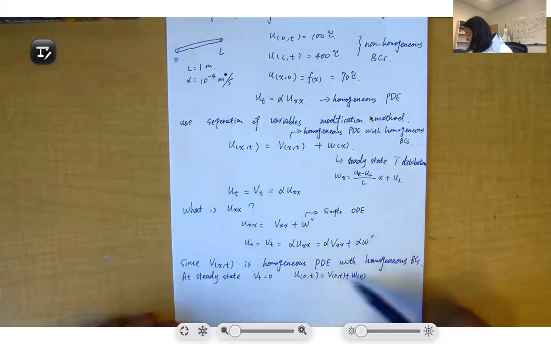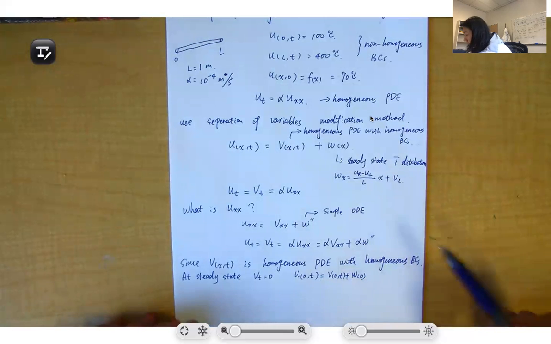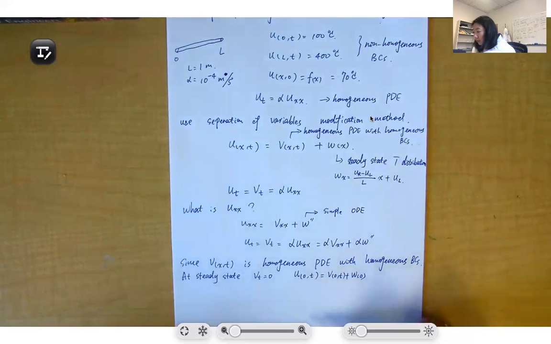That is at the steady state. And we are trying to figure out whether our assumption can be validated or not.